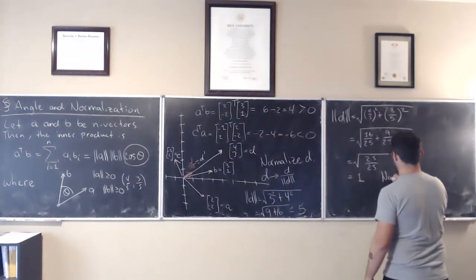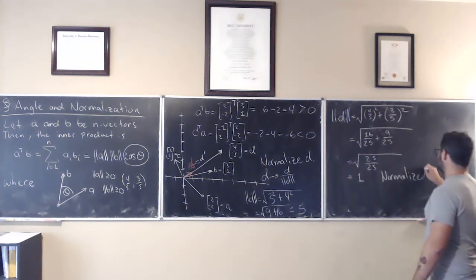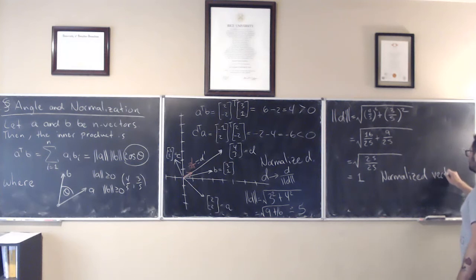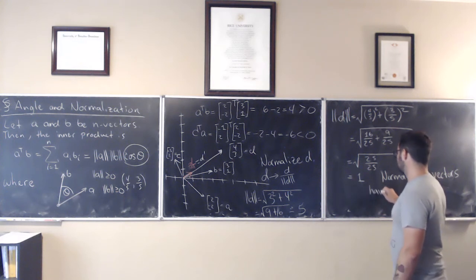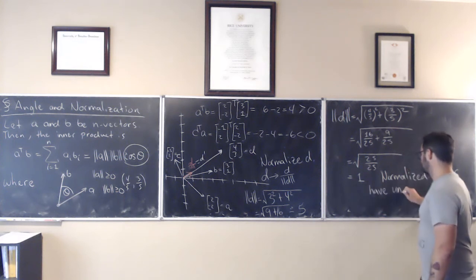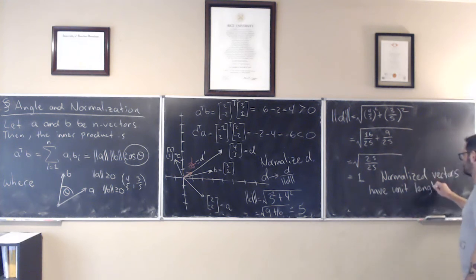So normalized vectors have unit length and are in the same direction as the original vector.